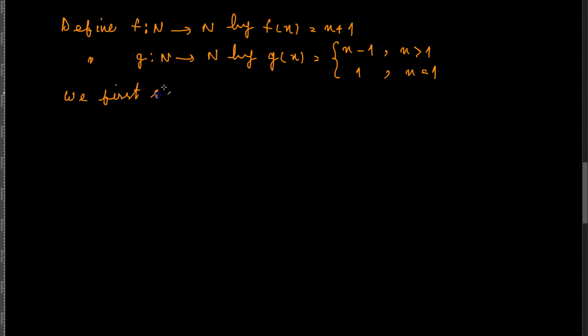In order to do that, of course, you see that 1 is mapped to 1 and g of x is equal to x minus 1.